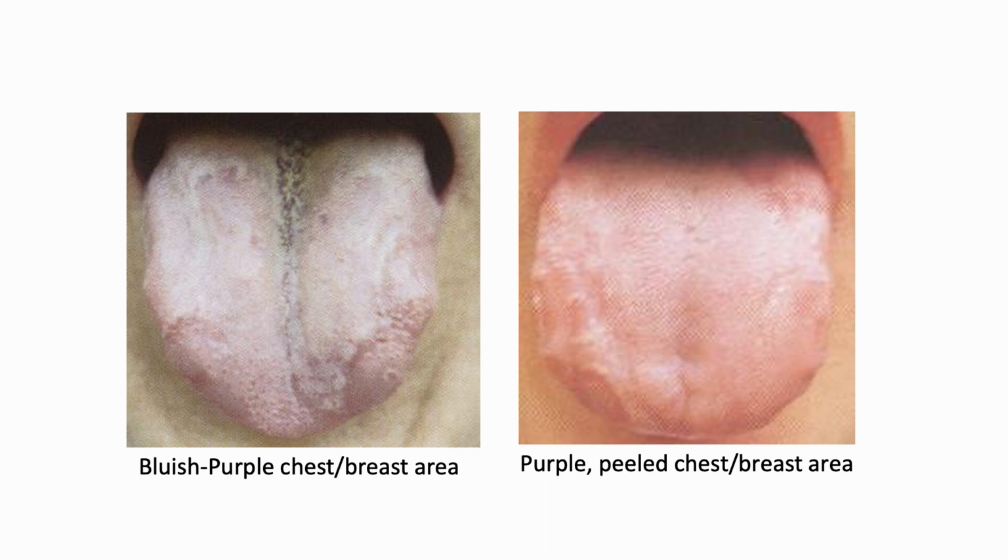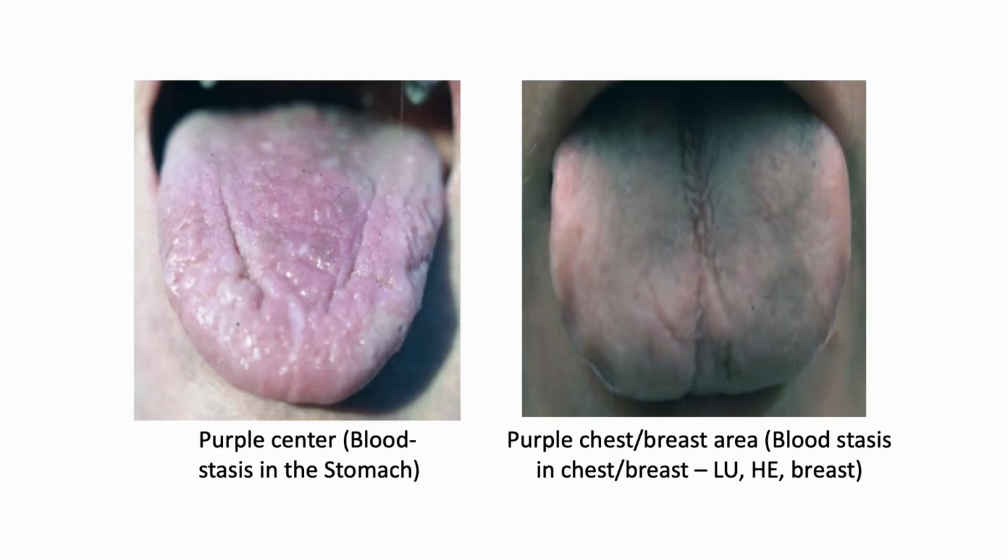This may indicate the predisposition to breast lumps, and one should therefore invigorate blood and eliminate stasis in the breasts even in the absence of symptoms and signs. A purple color in the center of the tongue indicates blood stasis in the stomach, whereas a purple color in the front third indicates blood stasis in the lungs.